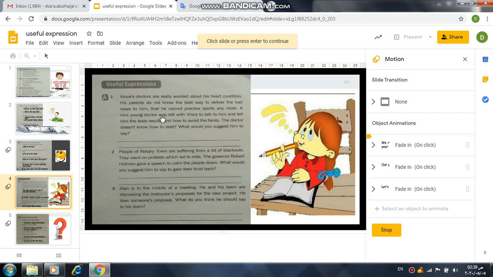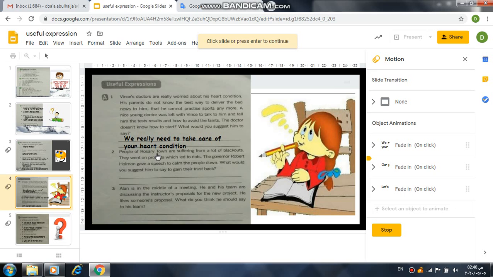A nice young doctor was left with Vines to talk to him and tell him the test results and how to avoid the faints. The doctor doesn't know how to start. What would you suggest him to say? We will use it from number 1: we really need to take care of your heart condition. Then he will analyze his heart condition.